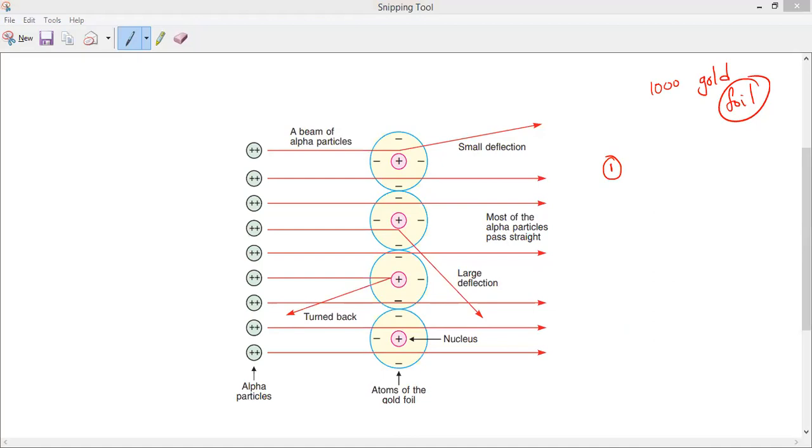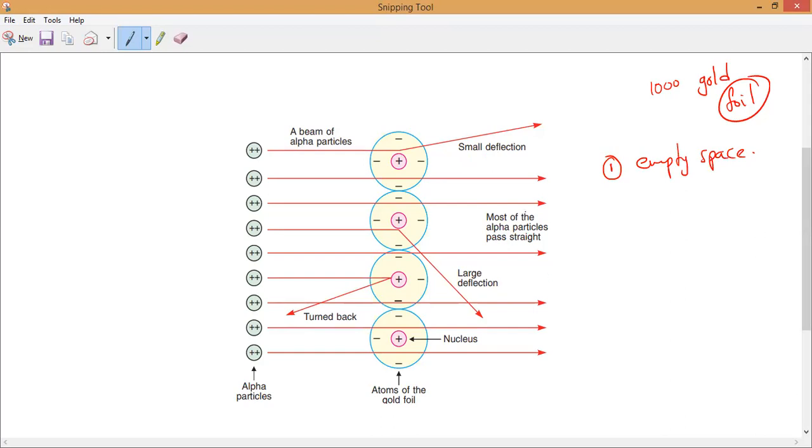So he said the atom has more empty space, because most of them are going straight without any deviations. That is what he used to say: the atom contains a lot of empty space. So that is the first thing.